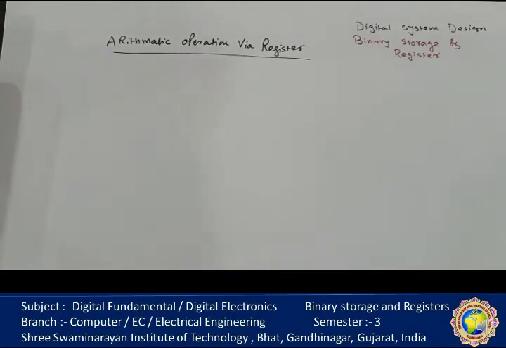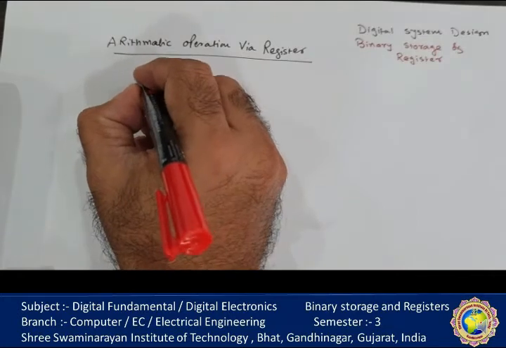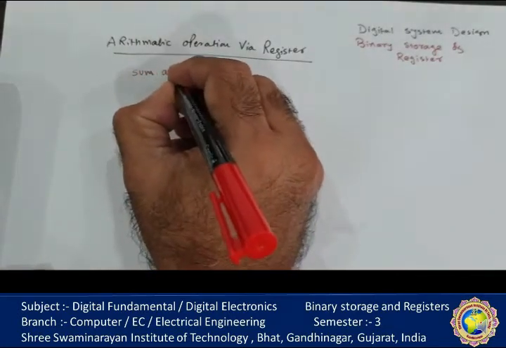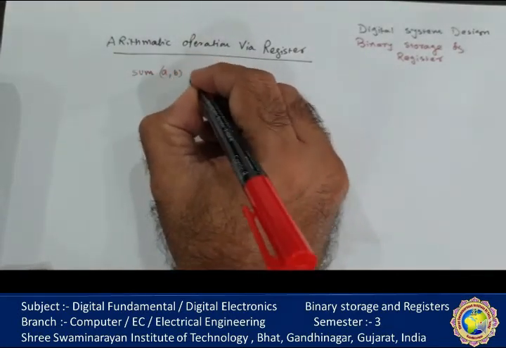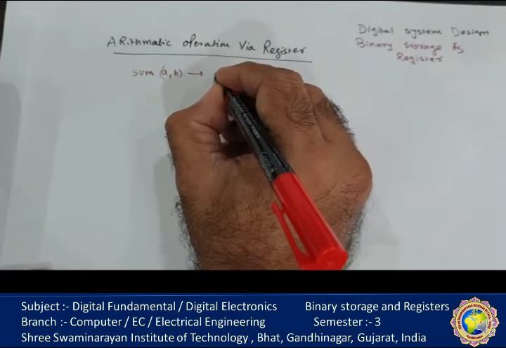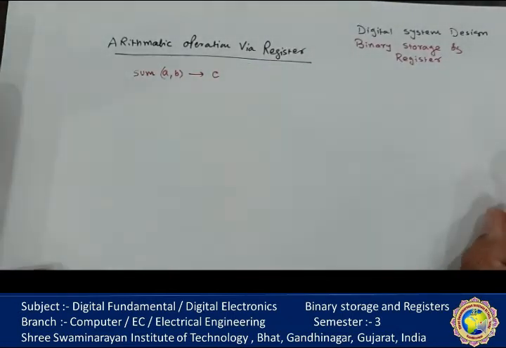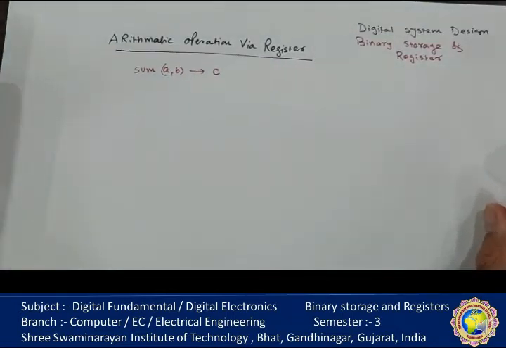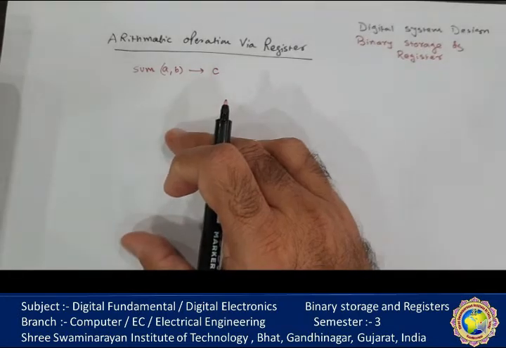Now let's see how an arithmetic operation can be handled in the register process. Suppose someone says I want to write a program for the sum of A and B which generates the result C. How can the digital circuit work? Remember there are two parts.